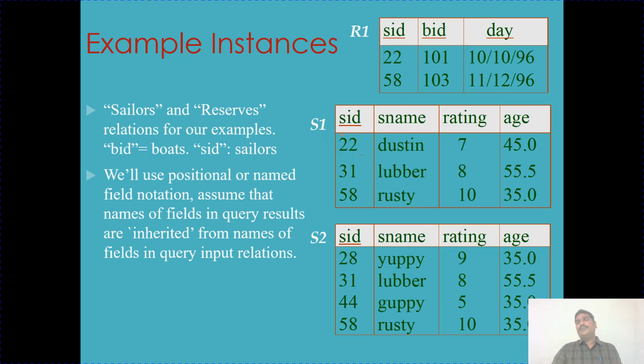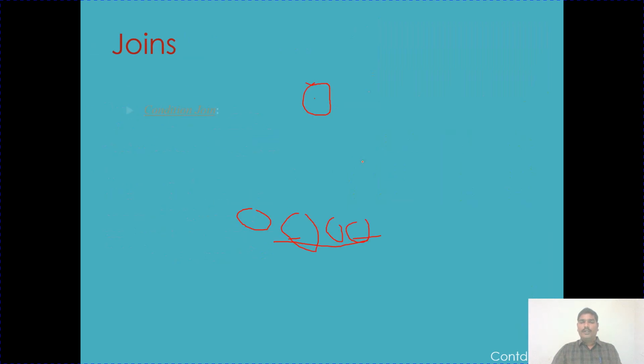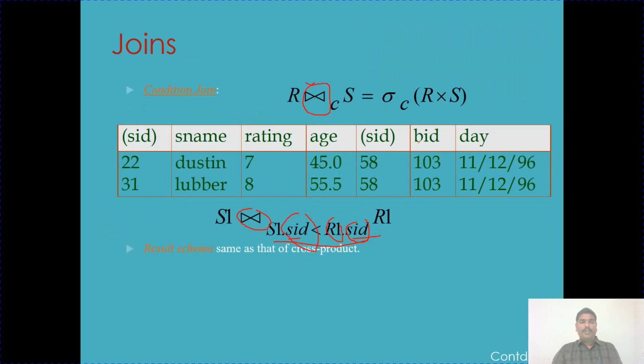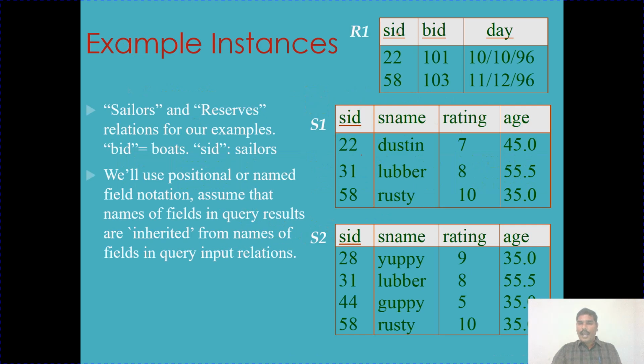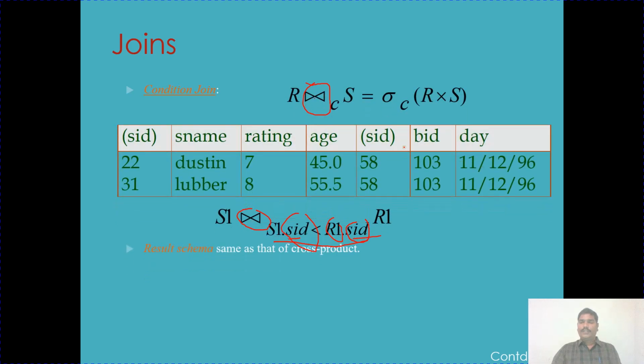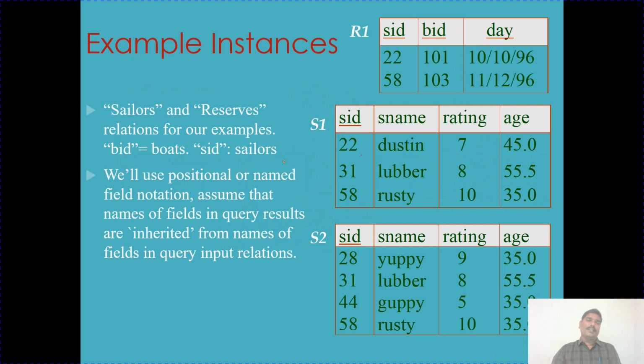Checking the less than condition on the SID column, only two tuples satisfy it, 22 and 31, and 58 is greater. So the two tables are combined: SID, SName, rating, age from S1, plus SID, BID, day from R1. That is the example for join.